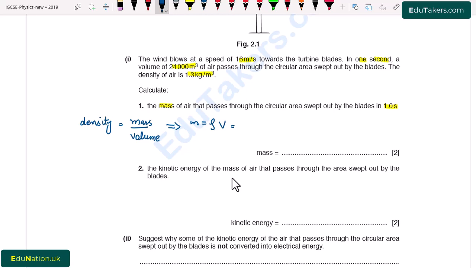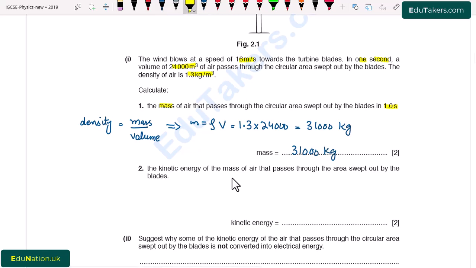So density of air is 1.3 and the volume is 24,000. So I write here 24,000. Mass comes to be 31,000. The unit of mass is kg. So I write here mass is equal to 31,000 kilogram.